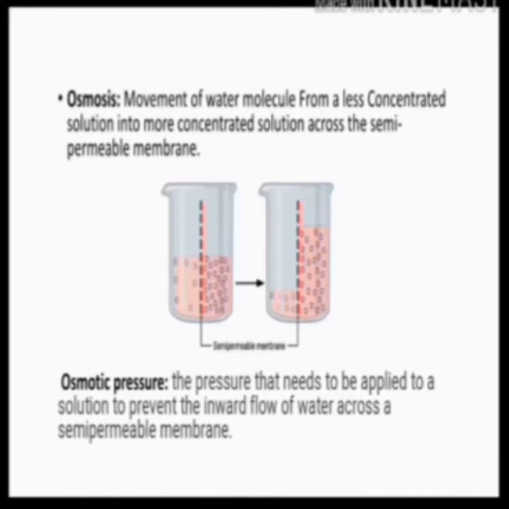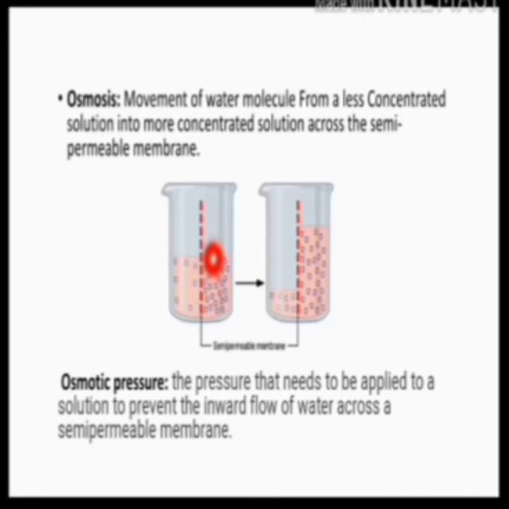Osmosis. Now what is osmosis? It is the movement of water molecules from a less concentrated solution into a more concentrated solution across a semi-permeable membrane. In simple diffusion, we put some solvent and solute, and put a semi-permeable membrane between them, dividing it into two portions.